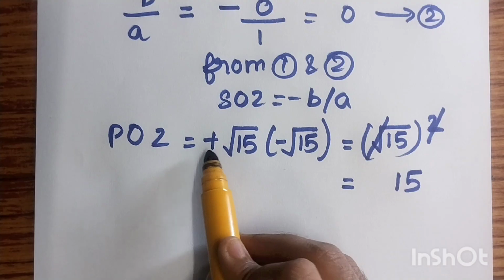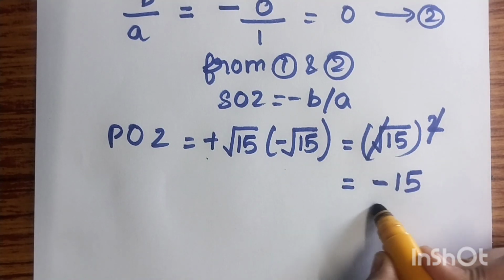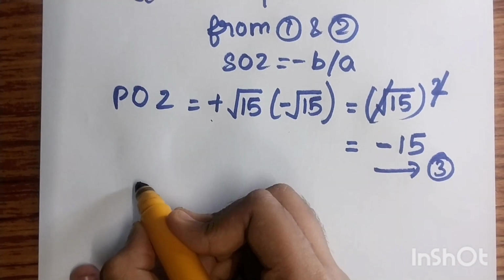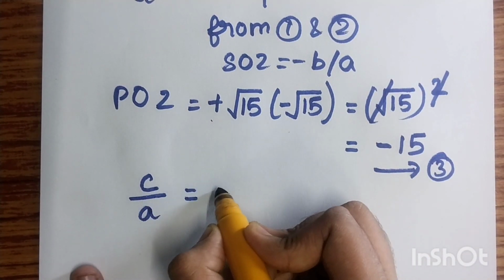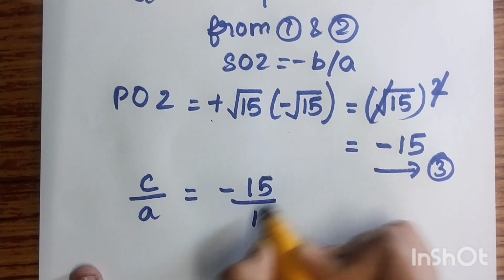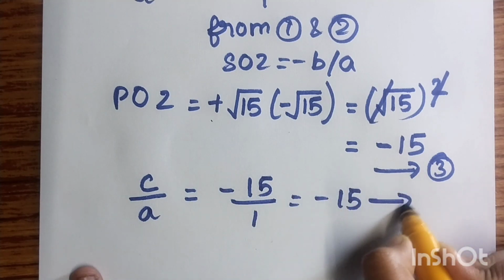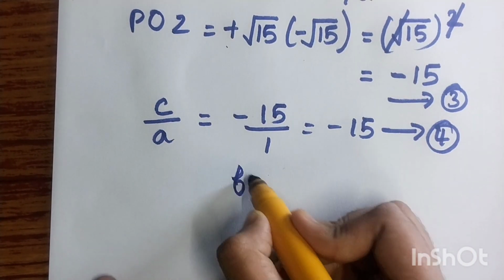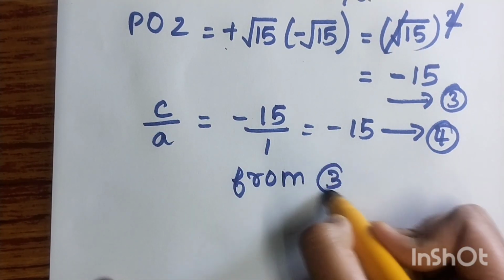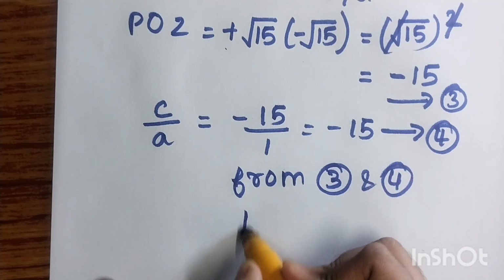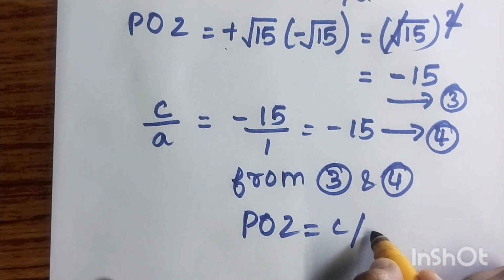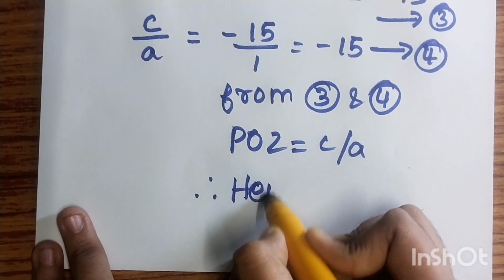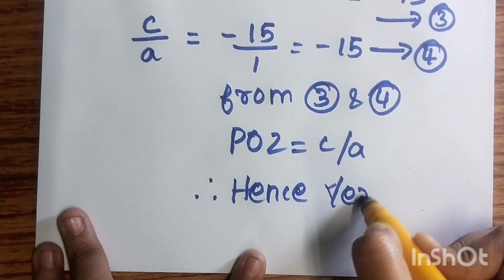In multiplication, plus into minus is minus, so it is minus 15, the third equation. Next, c by a. My c is minus 15, a is 1, so minus 15, which is the fourth equation. So from 3 and 4, POZ is equal to c by a. Hence verified.